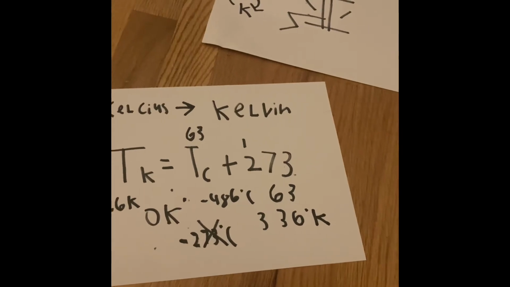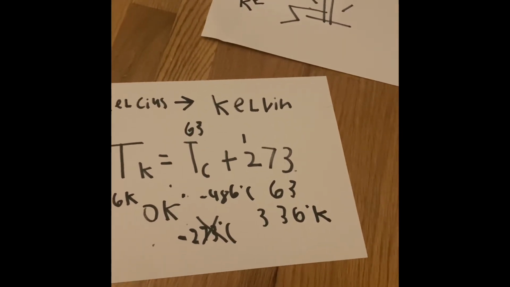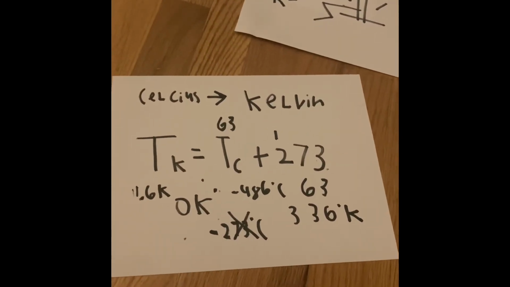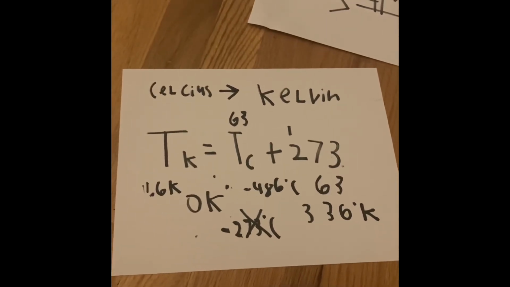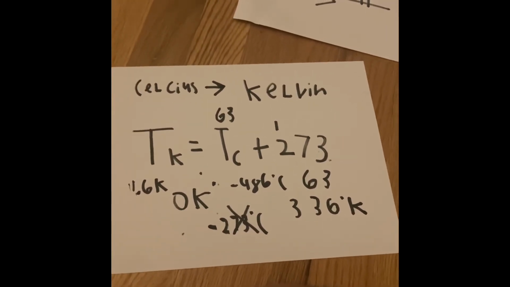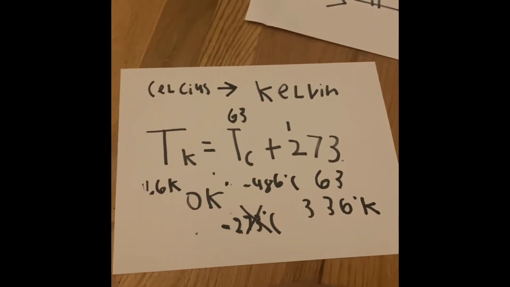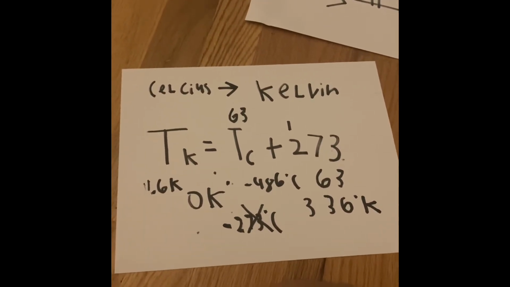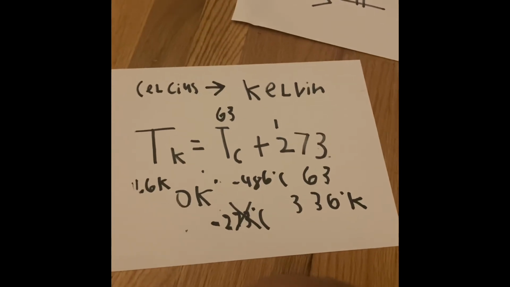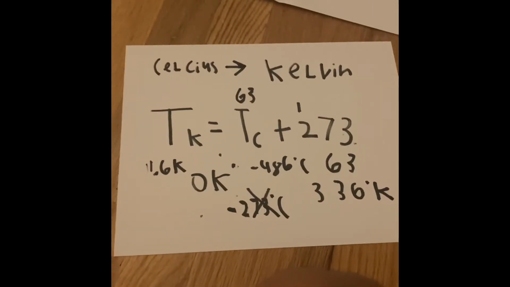So if you put molecules at 0 degrees Kelvin, they would not move at all. When you have heat, the molecules do move a little bit, but you don't see it, because you need a super microscope to see something so tiny.